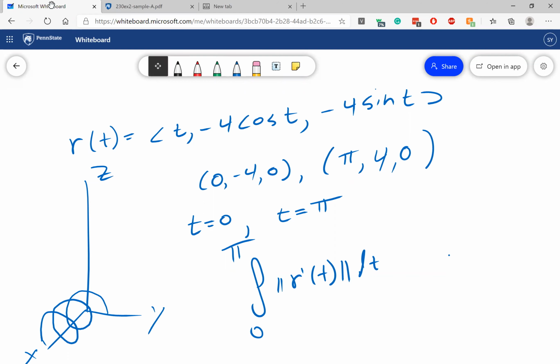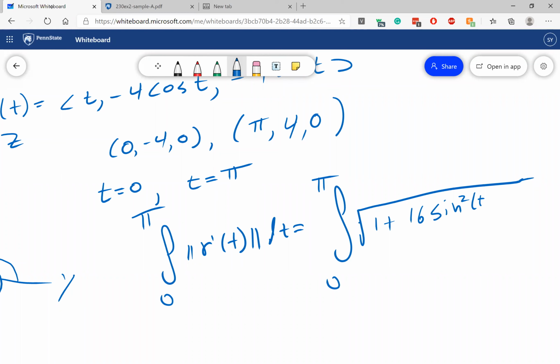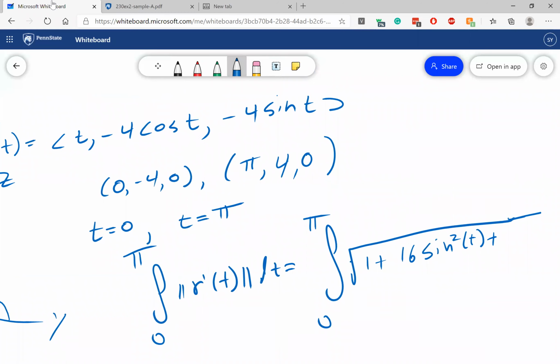So this is the same as the integral from 0 to pi of the square root of 1 plus 16 sine squared plus 16 cosine squared dt.